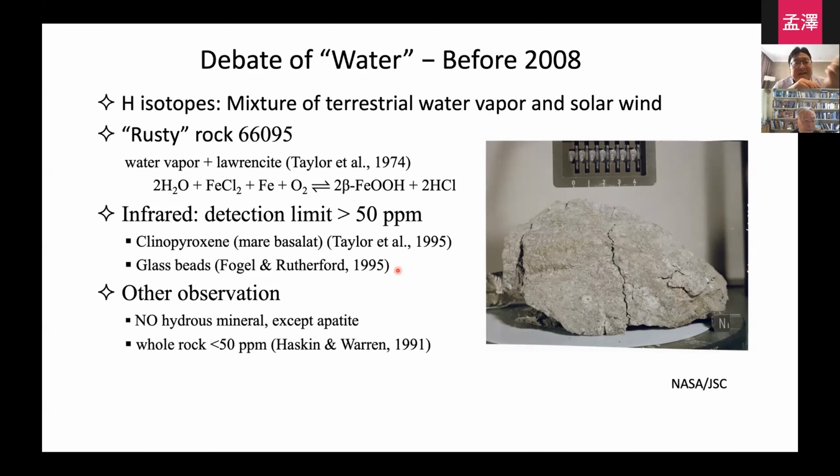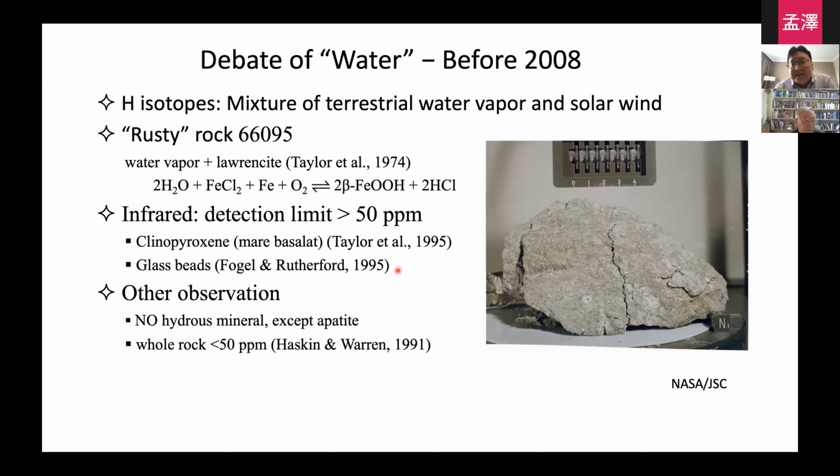The terrestrial water vapor means terrestrial contamination. We can understand this because these samples were shipped to Houston and stored at JSC, and during this transition some of the samples were exposed to air.